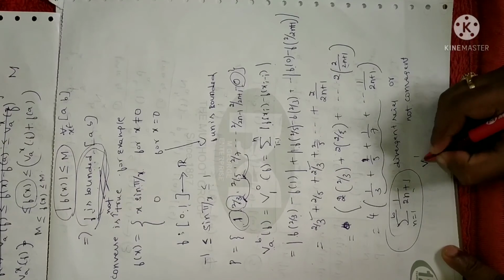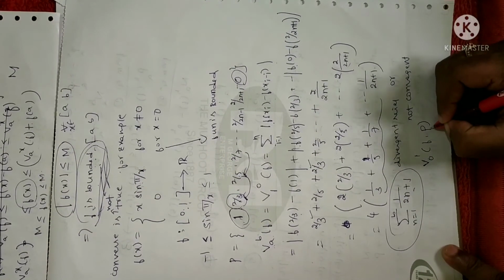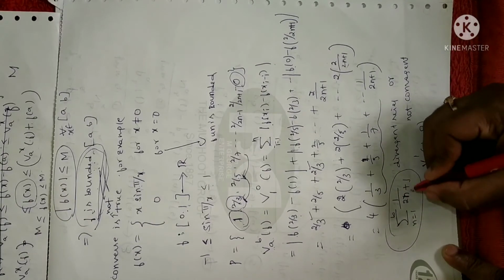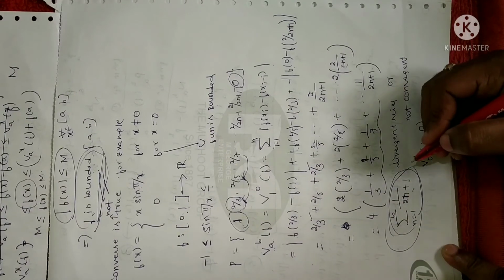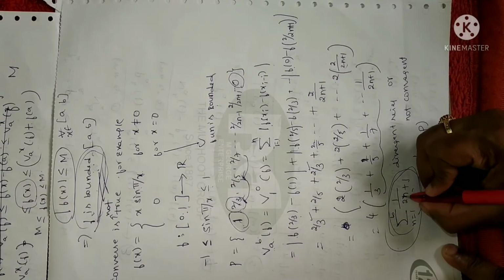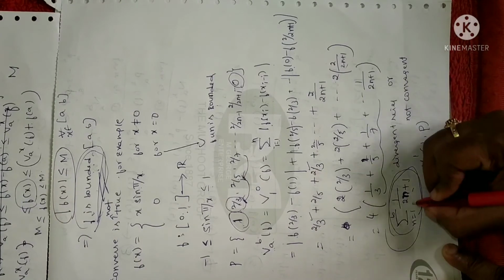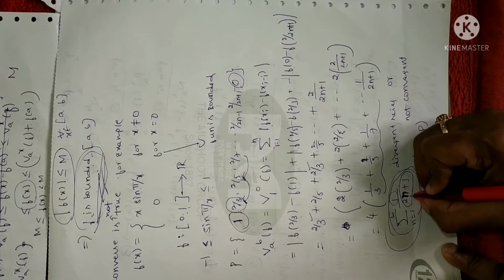So I can write the variation from 0 to 1 of a function f with reference to p; that should be finite, right? See here, as we keep on increasing the values, this may not converge to a certain value. If you replace n with infinity in the denominator, as per the function of bounded variation, both the denominator and numerator should be finite. But when you substitute n as infinity, the denominator will be infinite.